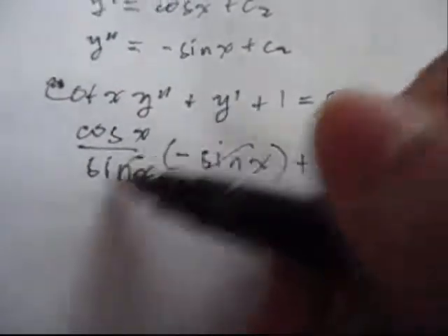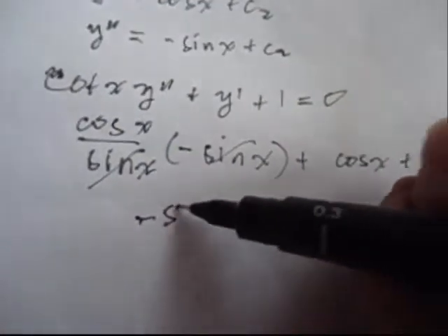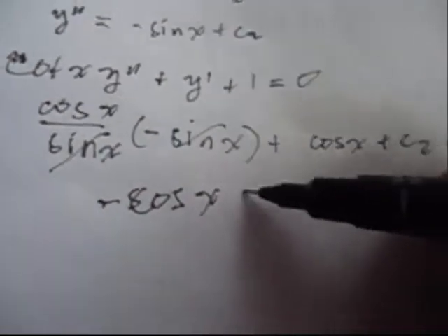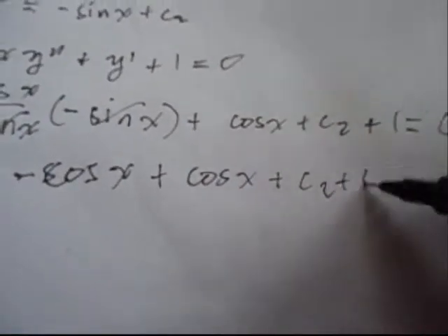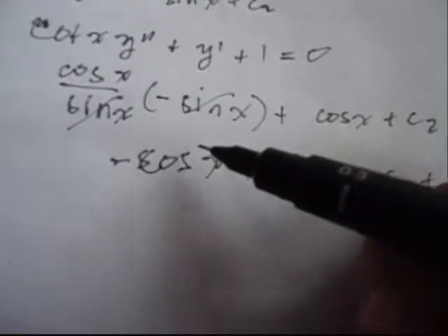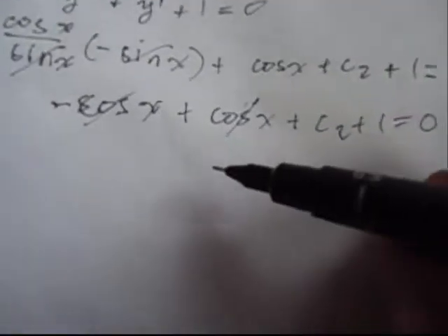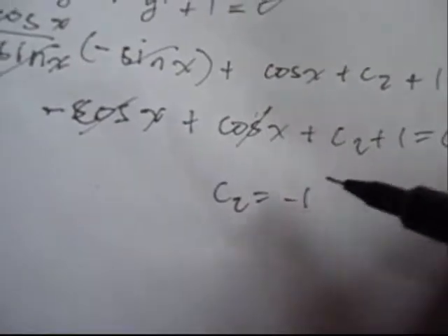So cancel this, and there remains negative cosine x plus cosine x plus c2 plus 1 is equal to 0. So this will cancel out, will become 0. So we have c2 equals negative 1.